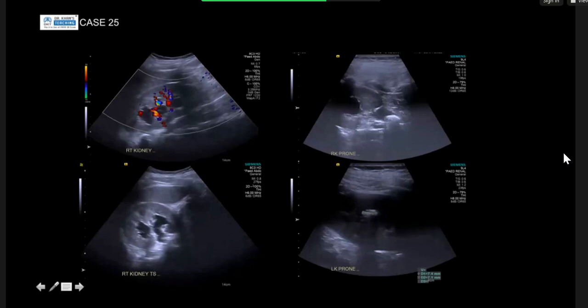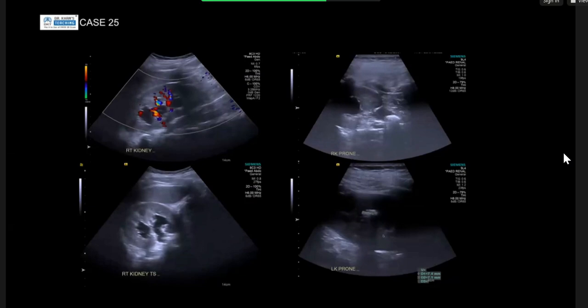So that's a markedly thinned out cortex with the grossly... I can't make out the kidney well, but I can appreciate there is a shadowing calculus within the large fluid-filled cystic area replacing the kidney outline. So that appears to be bilateral obstructive uropathy with calculi.